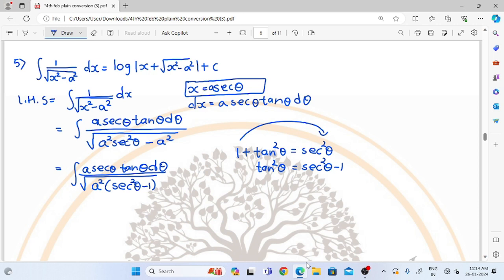So you don't have to remember all this proof, you just have to check which way to take, so we will get our answer. So sec square theta minus 1 is nothing but tan square theta. So the numerator is as it is, a sec theta tan theta d theta, divided by, inside the root, a square as it is, and sec square theta minus 1 is tan square theta.